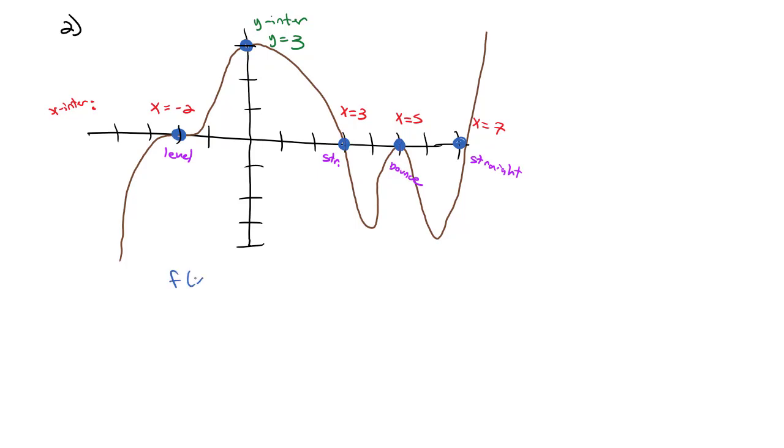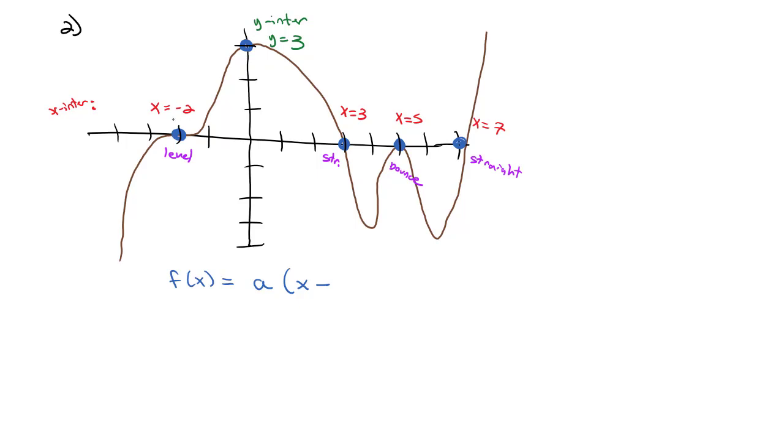We'll always start with f of x equals, and I always put an a out front because we need to figure out what that a is. It's really hard to tell just by looking at it, but we can find it fast enough. Then in factored form, I know each factor is going to be x minus the x-intercept.